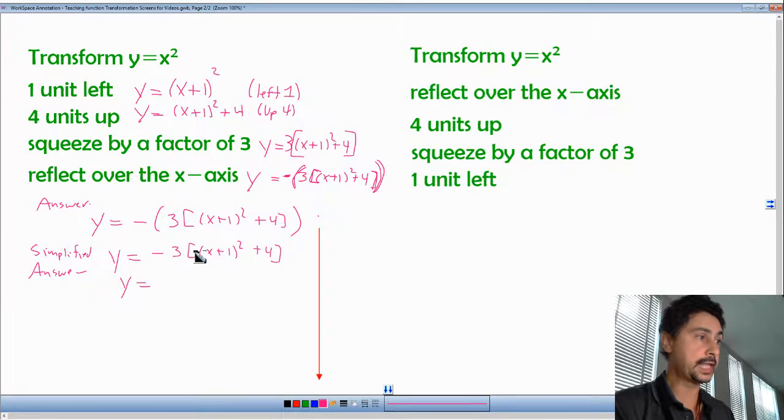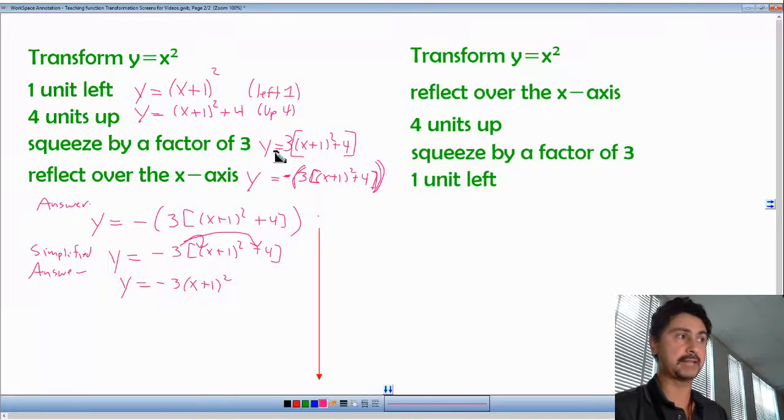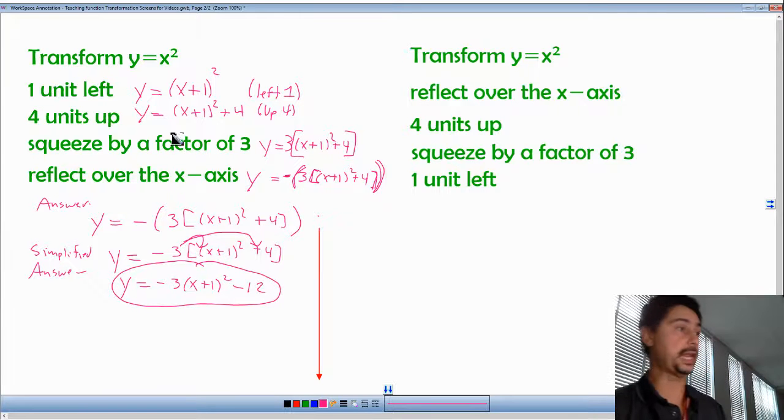Now watch, this is negative 3 times this quantity times the 4. So I'm distributing across. This might be a little tricky to see, but I'm going here and I'm going there. And that gives me negative 3 times x plus 1 squared. But that negative 3 on the outside, because of that third step, that 3 would normally get multiplied to the 4. And because of the minus sign, it makes a negative 3 times the 4, which gives us a negative 12. And this is what I call the simplified answer for these instructions.